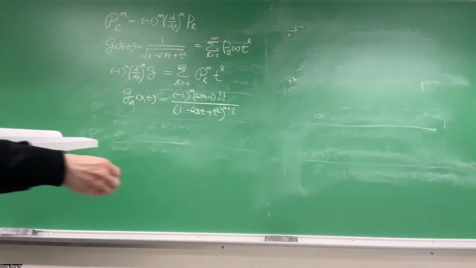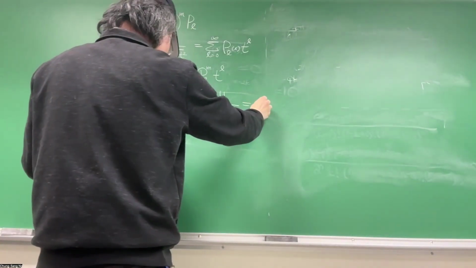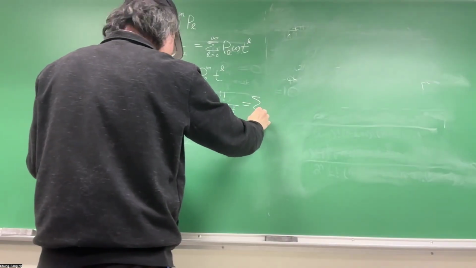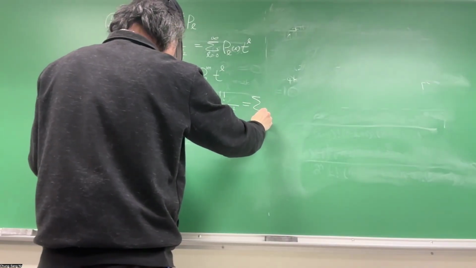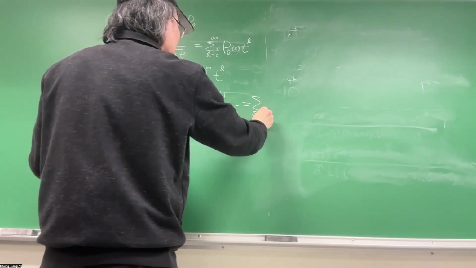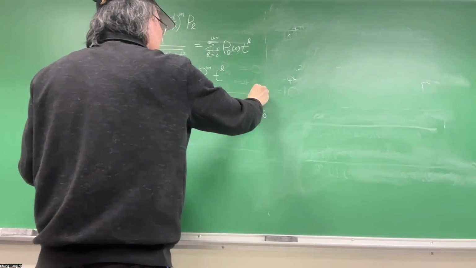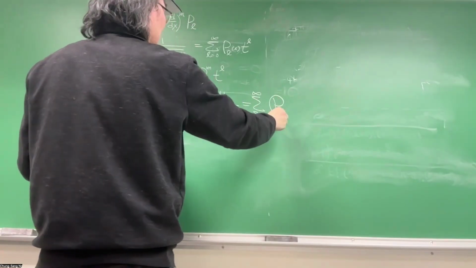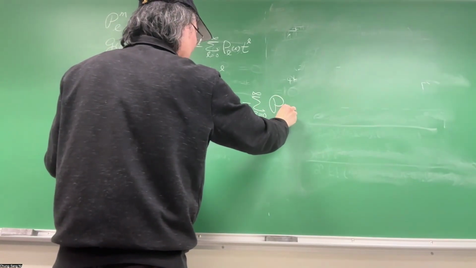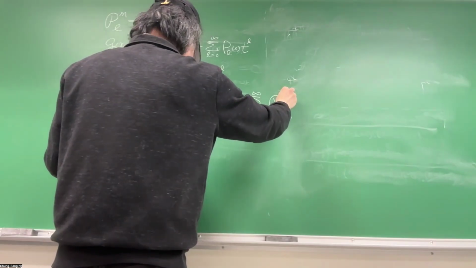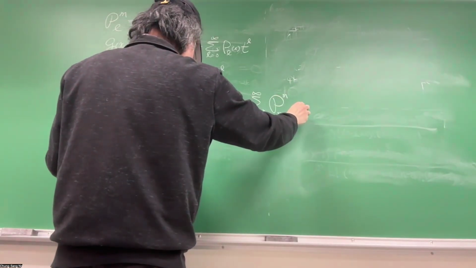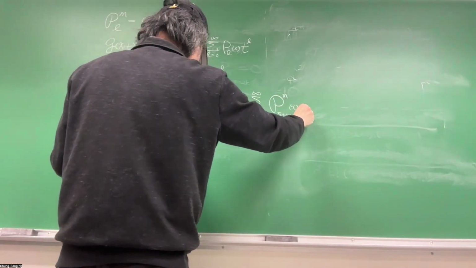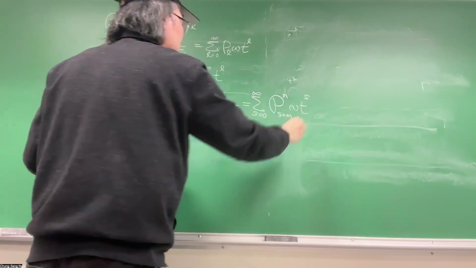It's complicated, but then that would equal the sum over s. Your textbook uses this summation index s, but then the P instead of P_L^m becomes P_{s+m}^m, and then x to the s power.